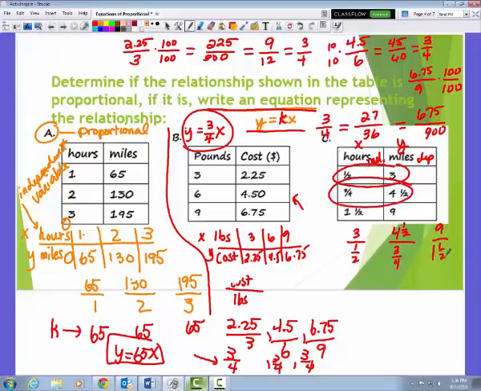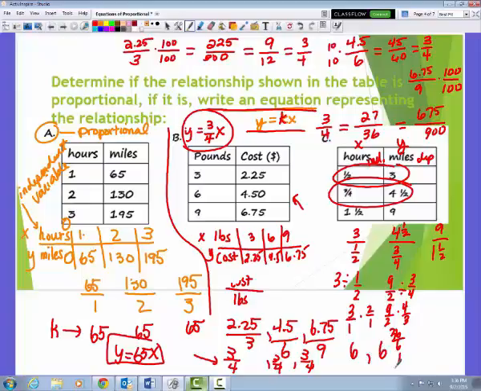Now hopefully these are proportional. 3 divided by 1/2 is really 3 over 1 times 2 over 1, 6. And I'm going to change this guy. 4.5 is really 2 times 4 plus 1, 9/2 divided by 3/4, or 9/2 times 4/3, which is 36 over 6. 36 divided by 6 is 6 as well.